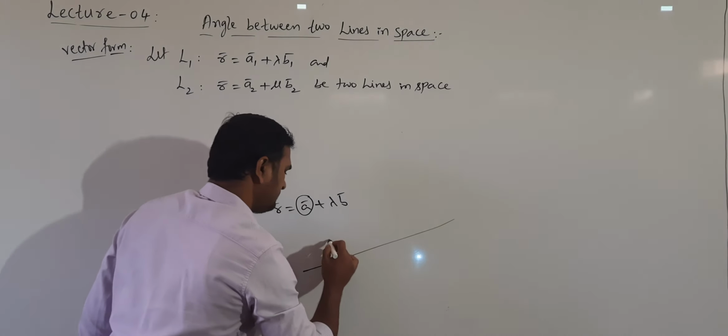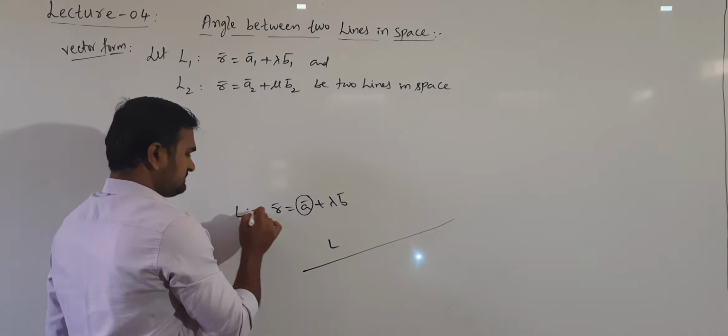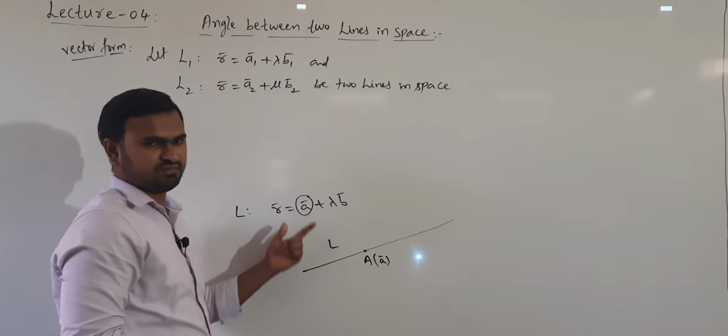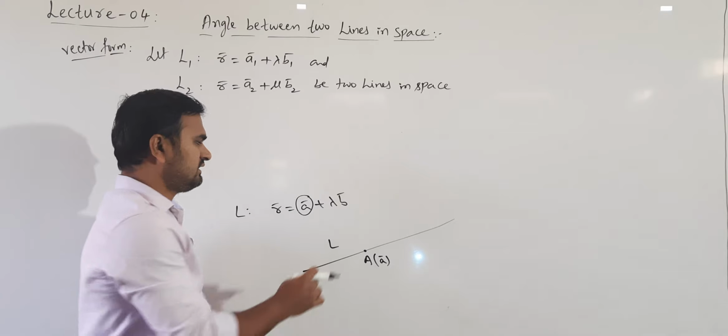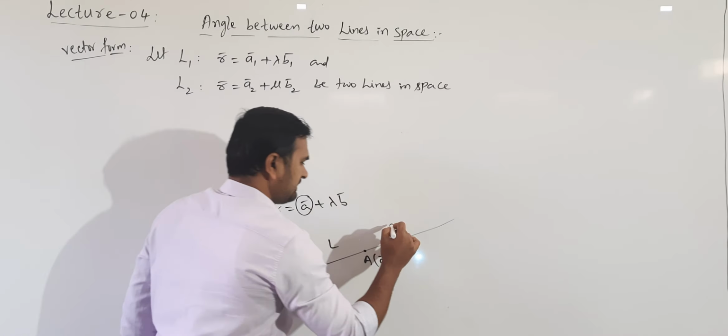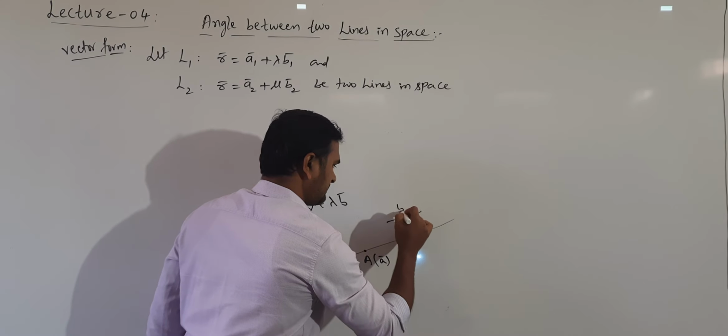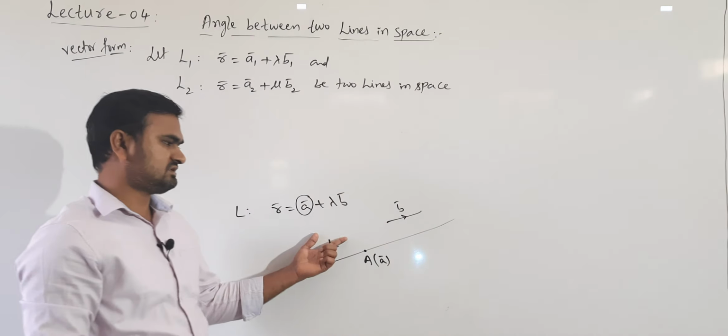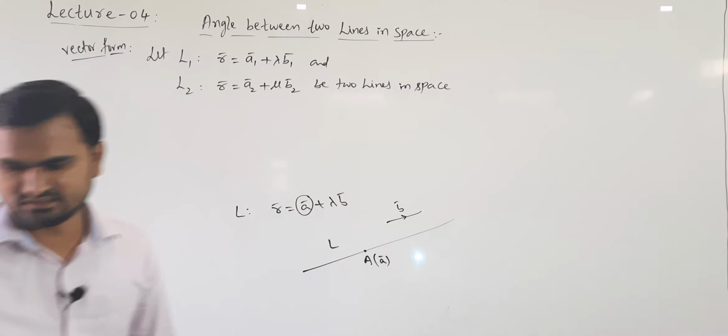This is a line L passing through the point A with position vector a bar, and b bar is a parallel vector: the line is parallel to this vector b bar. This notation we already studied in the last class.